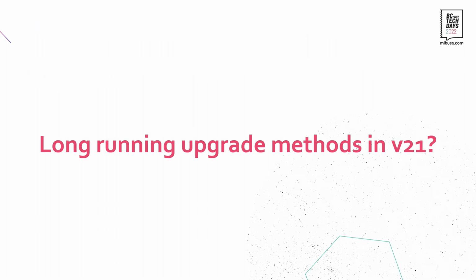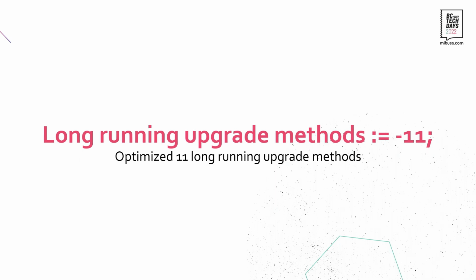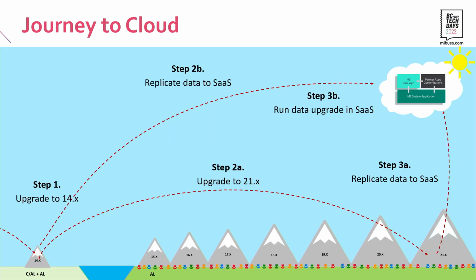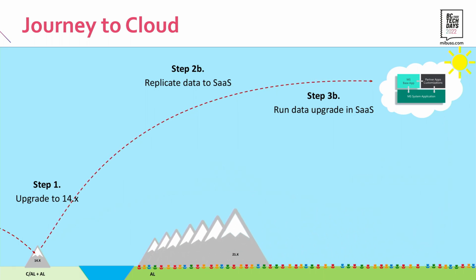Now, with every new release, we are getting questions, how many long-running methods have been introduced? And I'm happy to say that for this release, we have shrunk the number of long-running methods by 11 because we use this new data transfer feature to optimize the long-running upgrade that we historically know that it has existed. So hopefully the journey to the cloud is going to look like this. It should take much less time to upgrade the on-prem.